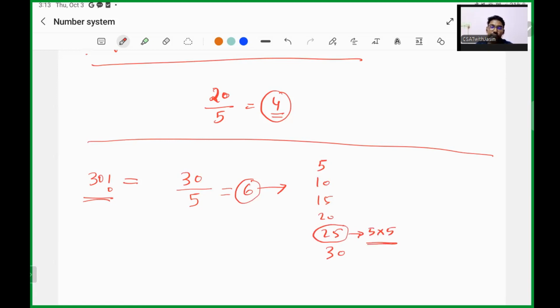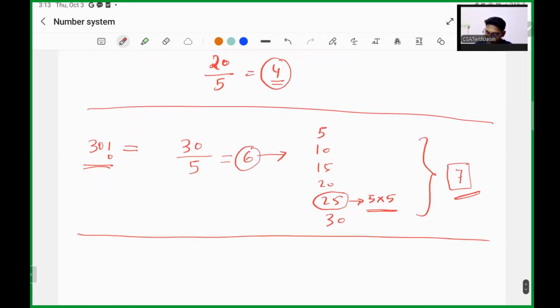So you need to count 25 as 2. So in total there will be 7 5s. That means 7 pairs of 5 and 2, so there will be 7 zeros at the end. This carelessness might happen to you, so remember this one.